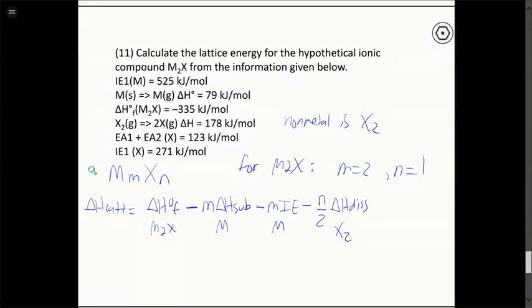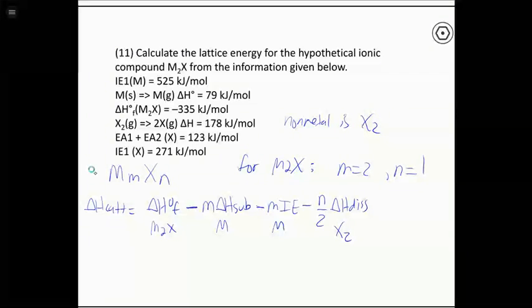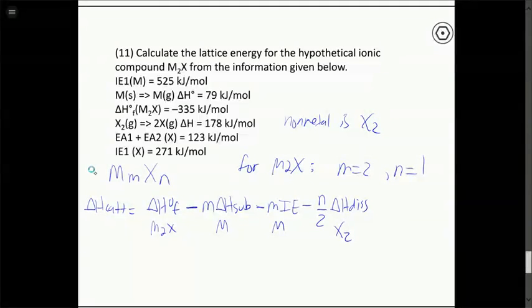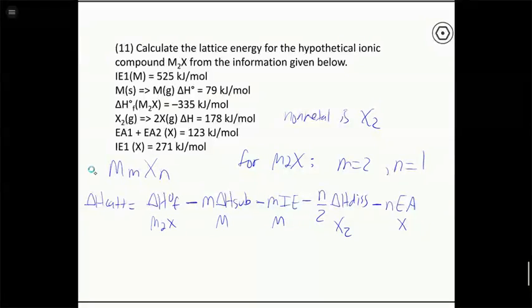And it's N over 2 because we want to have N X's, and so N over 2 times X2 gives us N X atoms. And then finally, minus N times the electron affinity, also for the nonmetal X. So we have these 5 terms that we have to combine to get lattice energy. So the delta H of formation for this compound is given directly. It's the formation of the compound from the elements, and is minus 335.